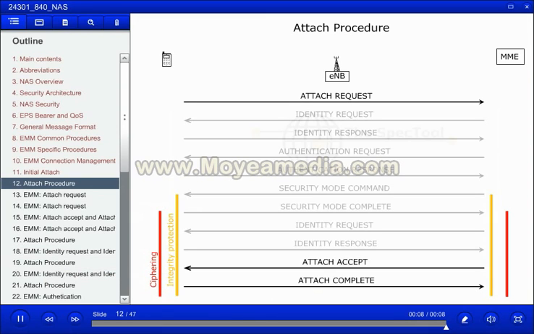If an EPS security context exists, this message will be integrity protected with old keys. The attach accept and attach complete messages will be sent after security has been established, and therefore they are both ciphered and integrity protected.